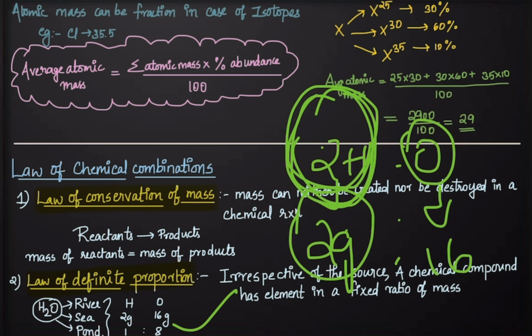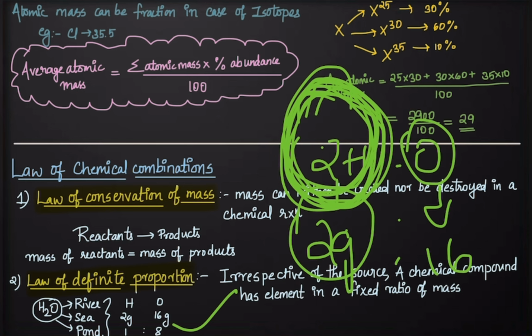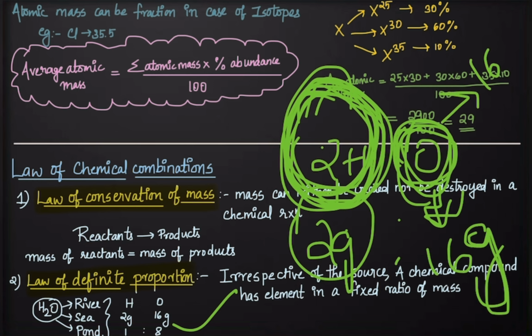One atom of hydrogen has 1 AMU, 1 mole of hydrogen has 1 gram, 2 mole of hydrogen has 2 gram, 1 mole of oxygen has 16 gram, 1 atom of oxygen has 16 AMU. 2 gram is to 16 gram means 1 is to 8 is the ratio.